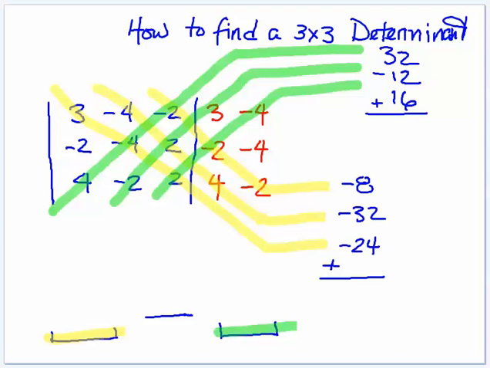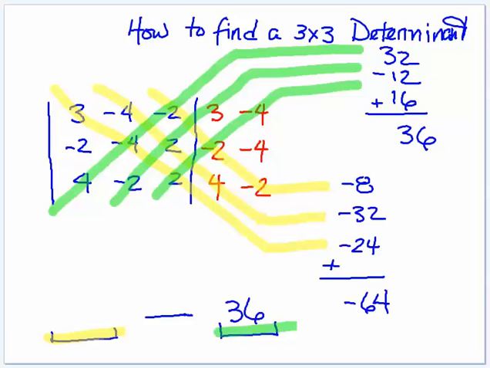Negative 8 minus 32 is negative 40, minus 24 is negative 64. 32 minus 12 is 20. 20 plus 16 is 36. So the green number is here, 36.